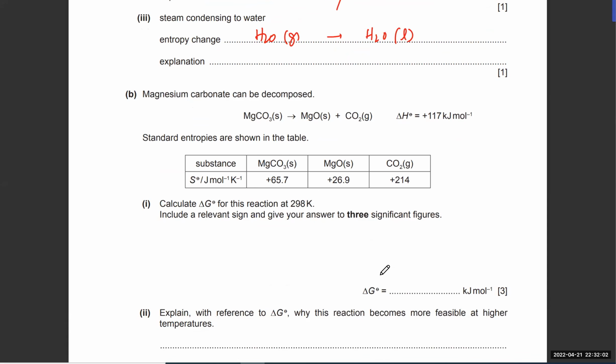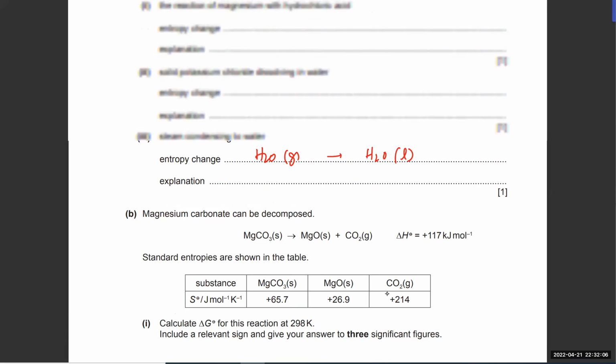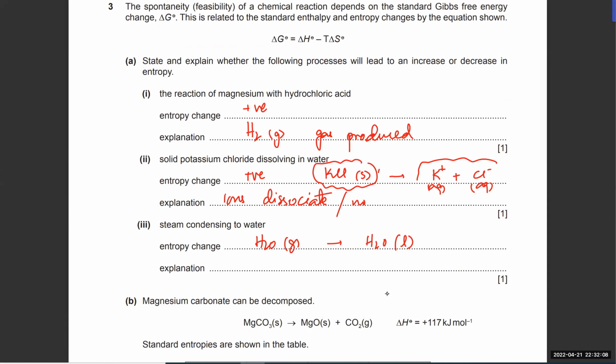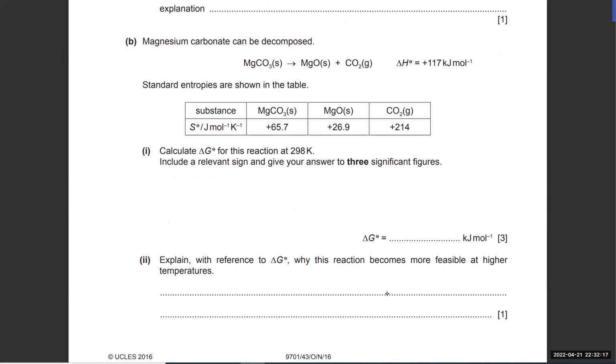So very quickly, we have to figure out delta G now. That's the next part. You have to calculate delta G. To calculate delta G, you would need delta H minus T delta S. Now you know delta H, you know the T as well.